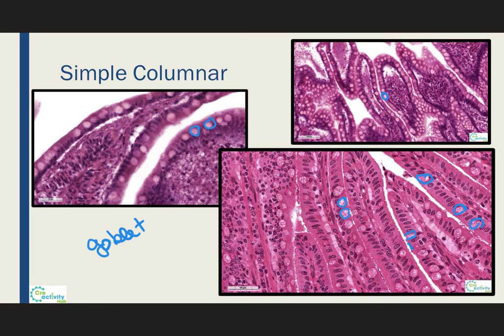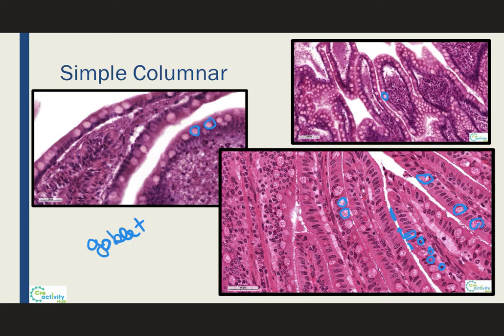And this makes sense because, since this cell's function is to secrete mucus, it makes more sense that it would be located further up on the tissue, closer to the lumen, or the outside where the secretion will be released. And how do we know this? Well, look how the nuclei of the epithelial cells are located opposite to the goblet cells.